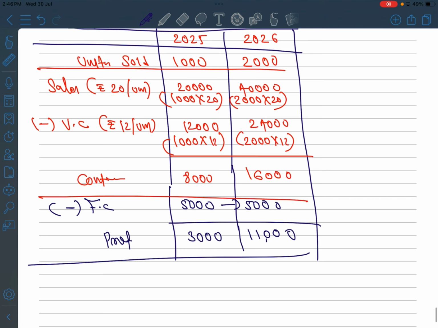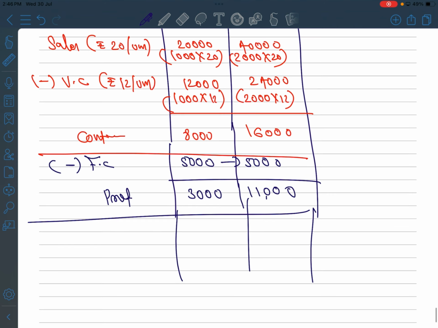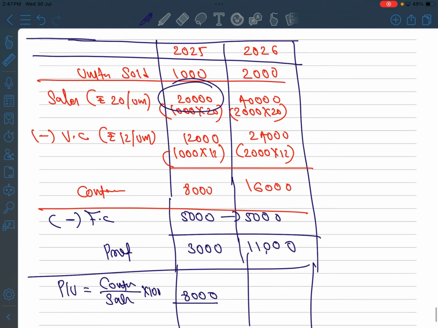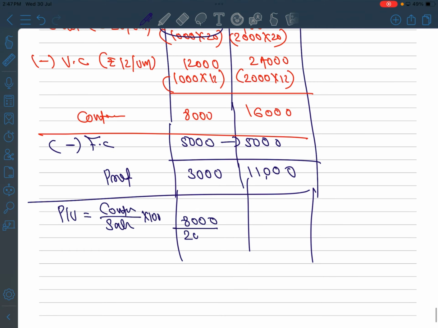Next we are going to compute PV ratio in the usual way. Normal equation. PV ratio is equal to, what is the equation? Contribution divided by sales into 100. Here contribution is 8,000 divided by sales 20,000. What will be the amount?